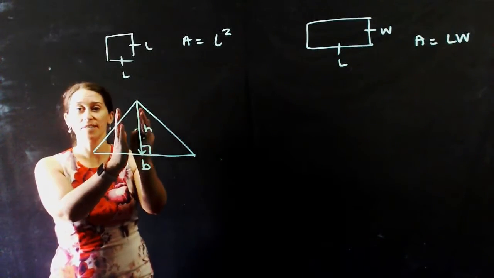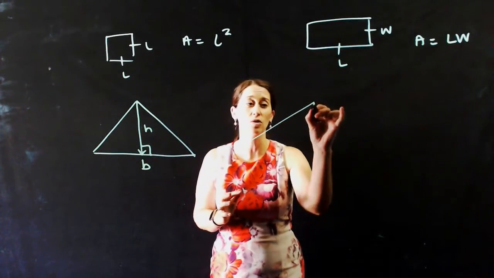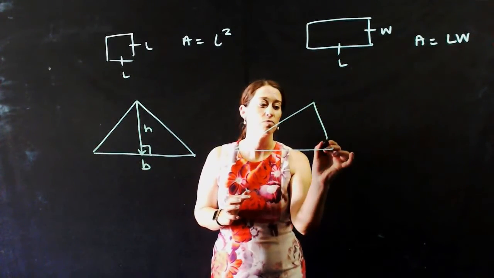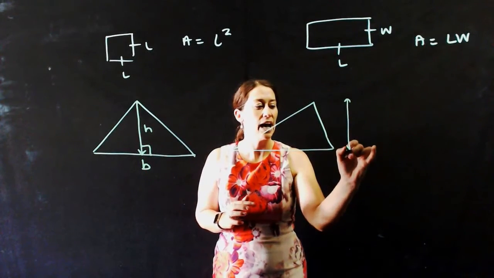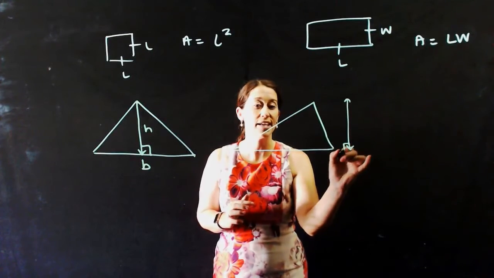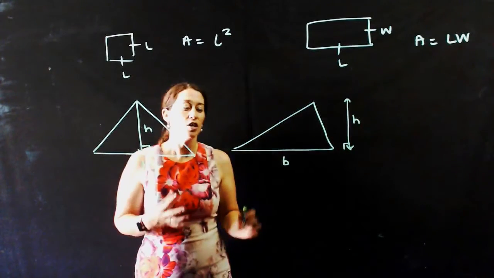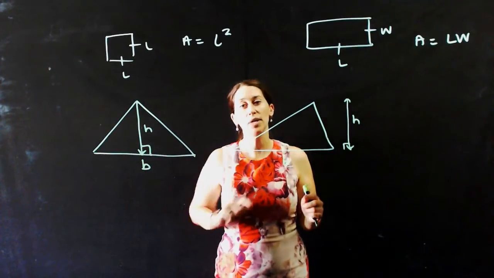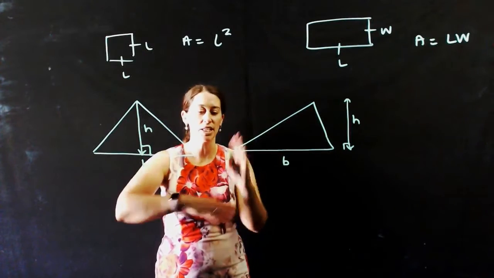Sometimes in questions this height is outside the triangle, particularly if you've got a scalene triangle that's sort of a bit like that. Occasionally we may put the height outside, but it is still sitting at right angles to the base. So just be careful there, because don't forget red herrings are thrown in. Sometimes we give another side length, so you are looking for the one that is perpendicular.